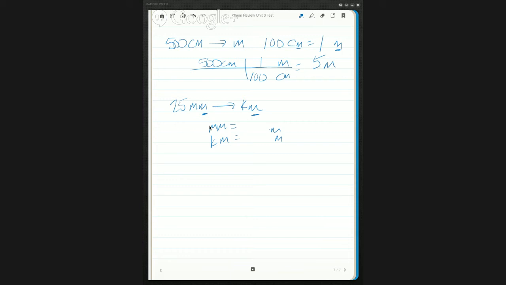All right, so millimeters and meters, which one's bigger? Well, milli means 1,000 times smaller, so it's not the bigger one. Meters is the bigger one, so it gets the 1, and 1,000 millimeters. Which one's bigger, kilometer or meter? Kilometer. So kilometer gets the 1, and how many meters are in a kilometer? Kilo means 1,000 times greater, so 1,000 meters in 1 kilometer.